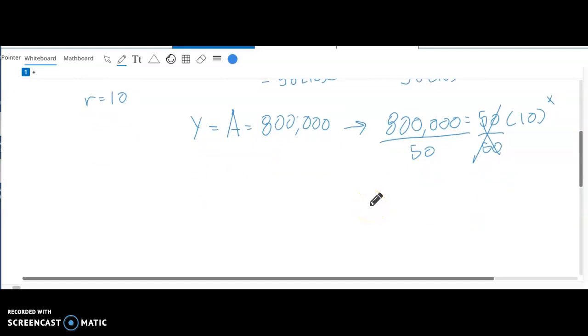800,000 divided by 50, that's 16,000 equals 10^x. Then you're going to take the ln.